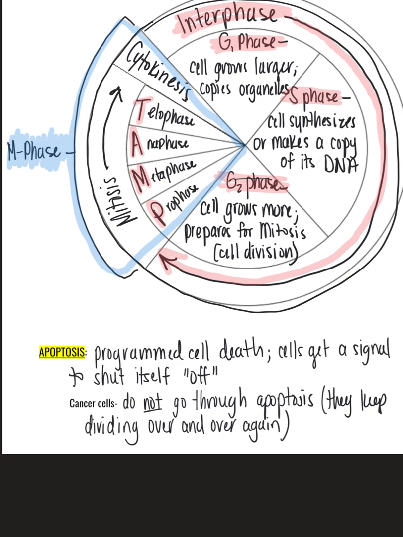Because they don't go through apoptosis, the cell is going to not shut itself off. It's going to stay on, and it's going to keep dividing over and over again and constantly going through those different stages of the cell cycle to make more of itself.